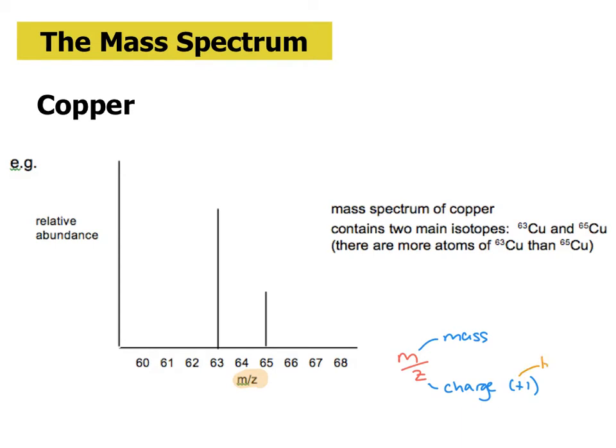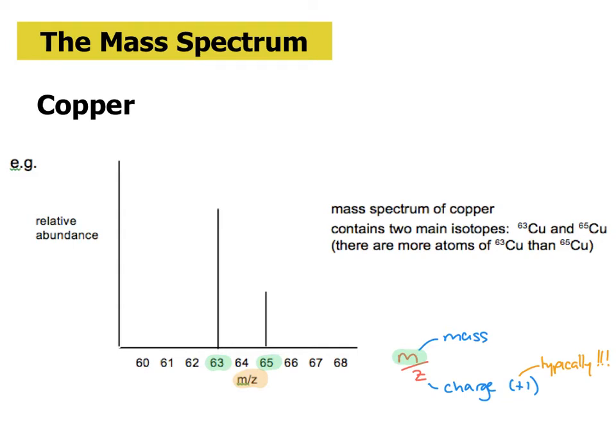And therefore, if you're dividing anything by 1, then we know that in this particular example, our mass is going to be the values of these numbers, 63 and 65, assuming, of course, that the charge is 1+.